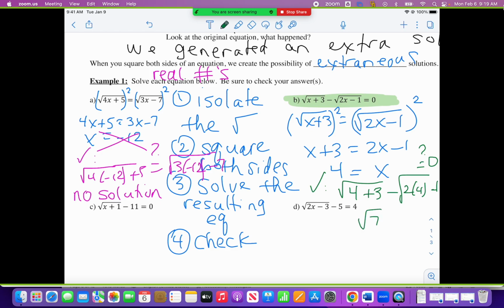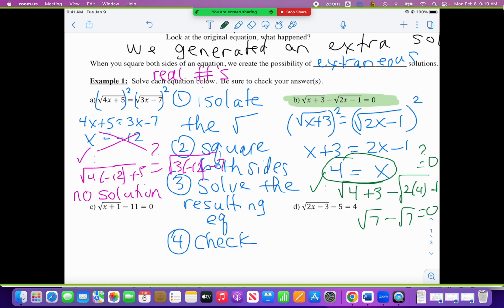So I get square root 7 minus square root 7. Does that work? Yes, that does work. So what I do is when I'm solving square root equations, I make sure that after I check them, that's when I circle or box my answers.